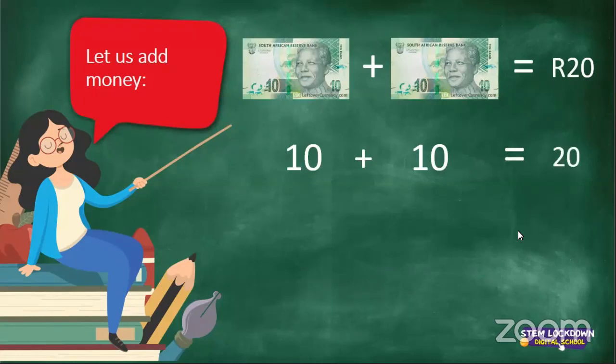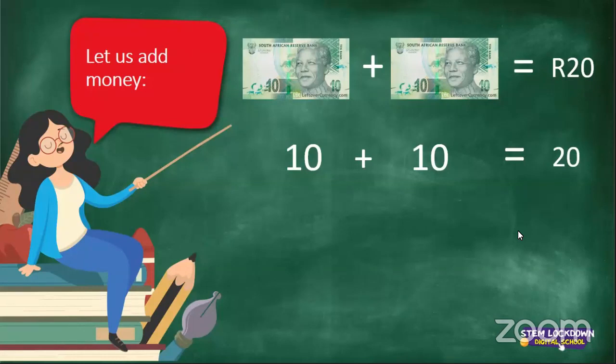Remember, we are working with money. So when we write the sum, we need to remember to write the capital R in front of the 10 or the 20 or the 50 or the 100 or the 200, because we're working with money, rands.